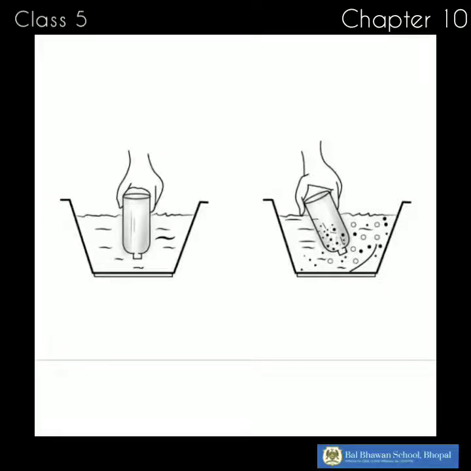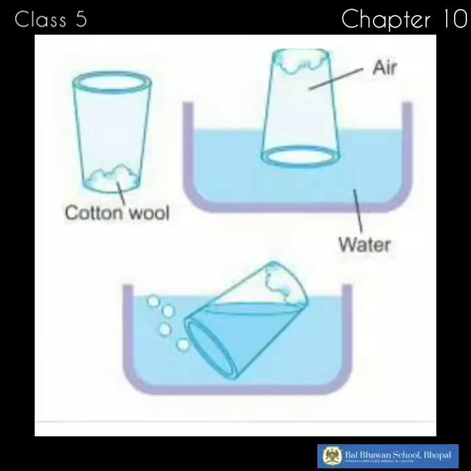If you put the bottle in the water container without tilting it, then air will not enter the bottle. If you tilt it a little, then the bubbles of air will come out and water will start moving inside the bottle. This experiment shows that air occupies space.